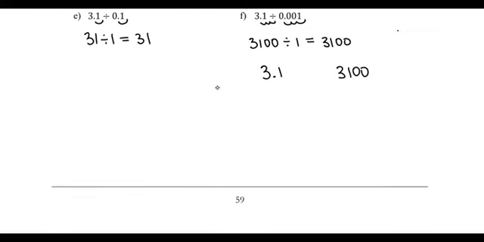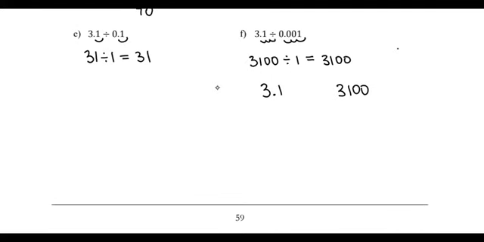So I divided by 0.001. So I had in total 3 digits after the decimal point. So I took my decimal point and moved it 3 times. 1, 2, 3. I had a couple of empty spots that I needed to fill, that I filled with 0. And that's how I came up with the 3,100.